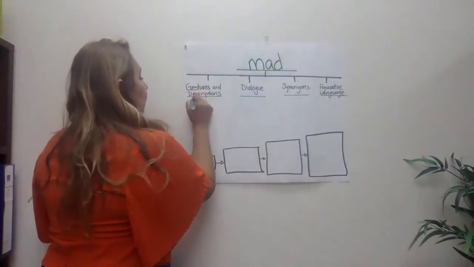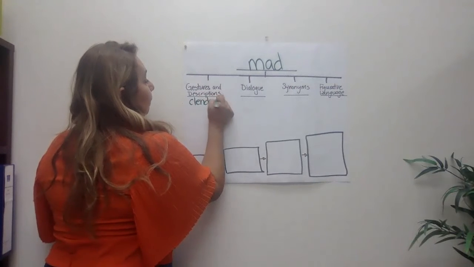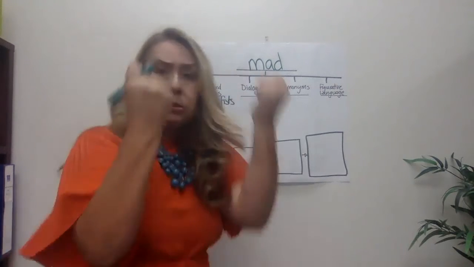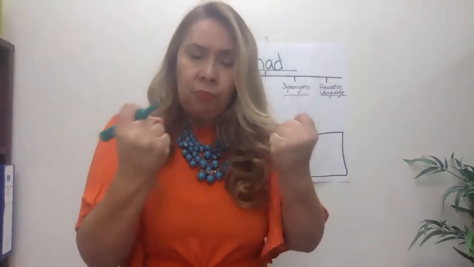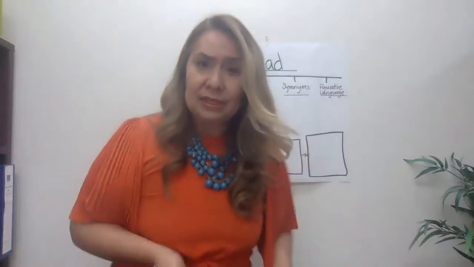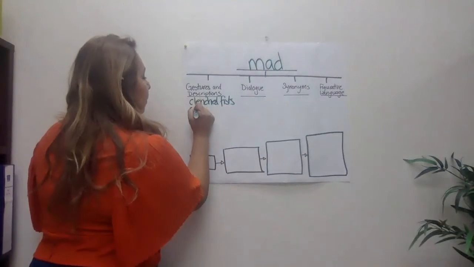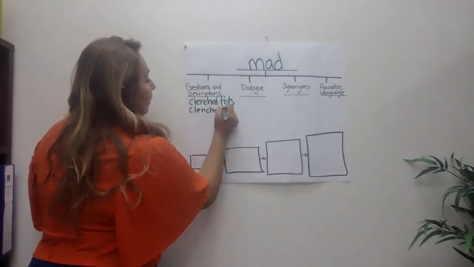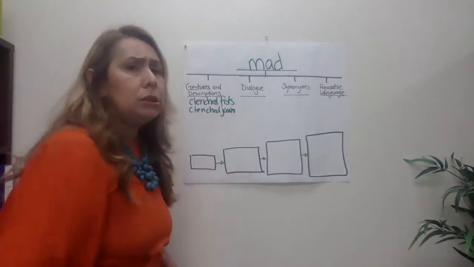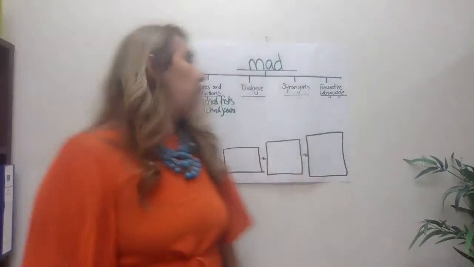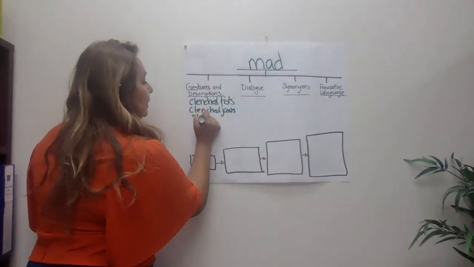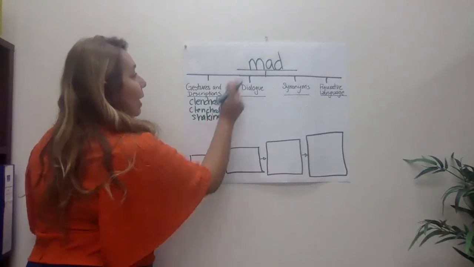Sometimes they have clenched fists. So mad, they're ready to fight, just so upset, clenching their fists. Sometimes we can see that they clench their jaws. You could see it in their face. Sometimes when people are mad, they're shaking.